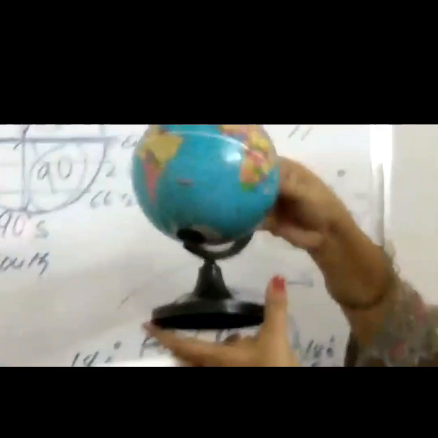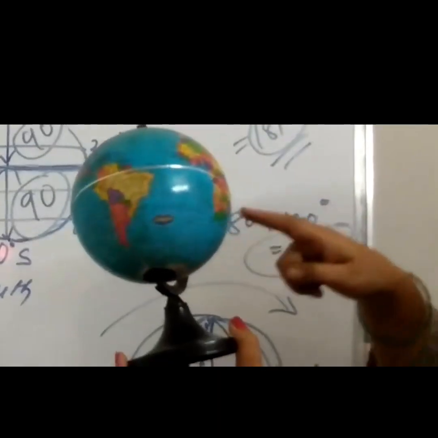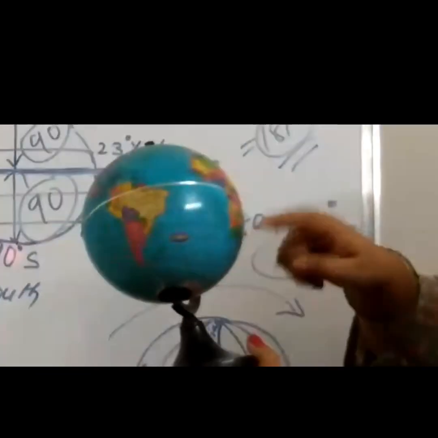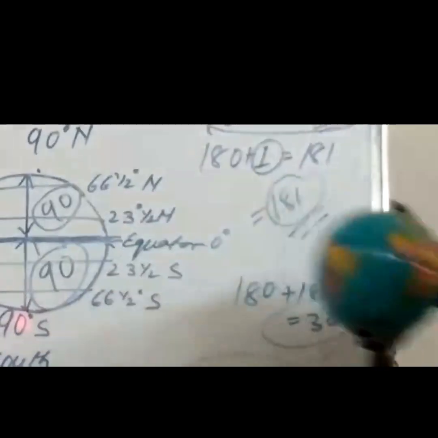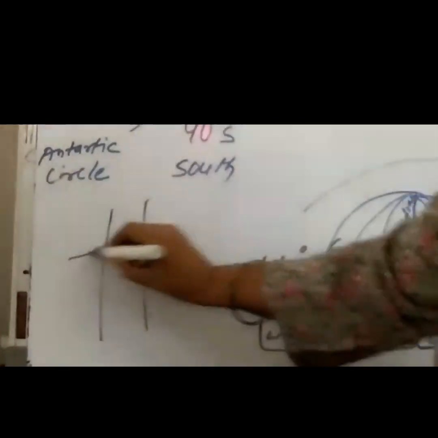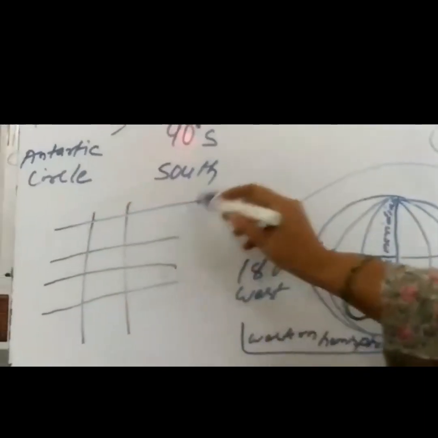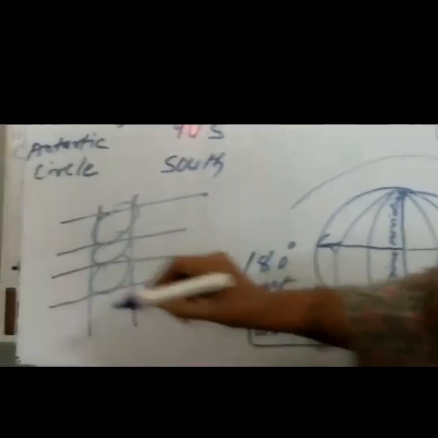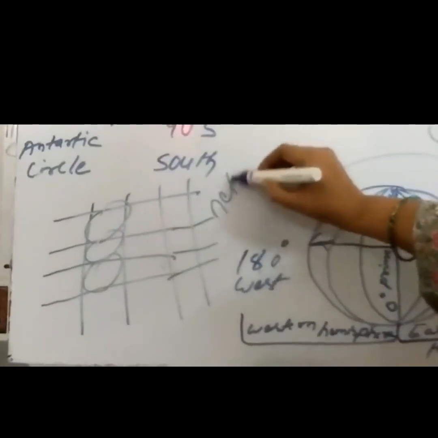Now just see on this globe, we have the equator, then the latitudes, and then the longitudes. That means on this globe we find some squares. Let me make it clear: when latitude and longitude intersect with each other, they make a network.